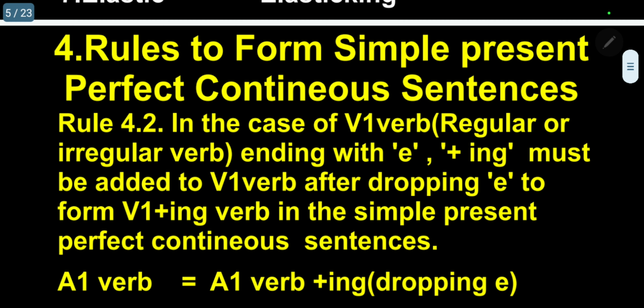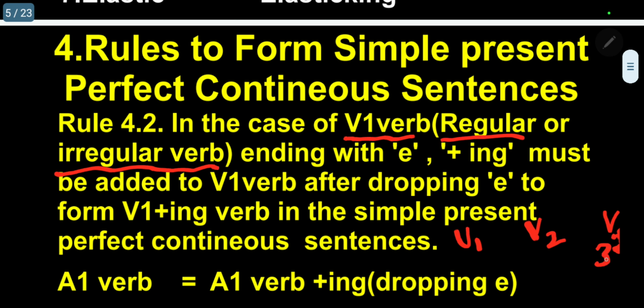What is rule number 4.2? In the case of a V1 verb, it may be a regular or irregular verb. Please follow what is regular and what is irregular. Consider V1 present tense, V2 past tense, V3 past participle.